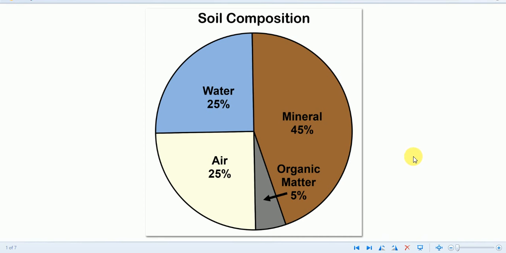This pie chart shows the major components of soil. Minerals constitute 45%, organic matter 5%, water 25%, air again 25%.